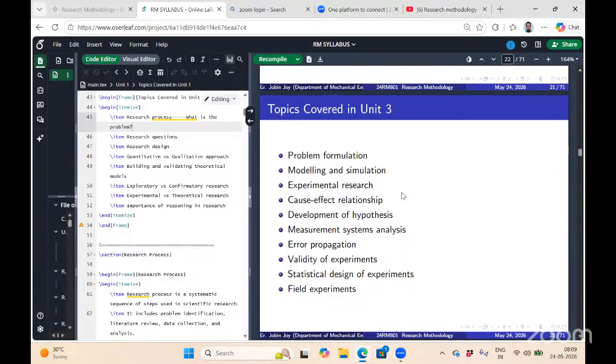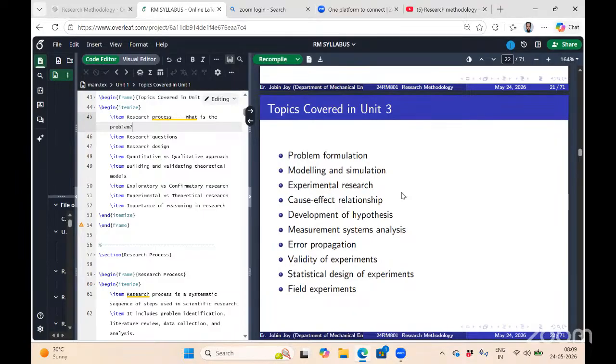Experimental research means controlling the variables to understand the cause and effect relationship. For example, if we change the temperature, how will this affect the performance of the machine? In experimental research, by manipulating the variables, we study cause and effect relationships.